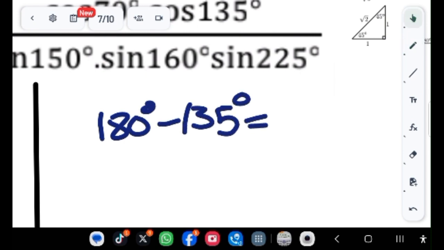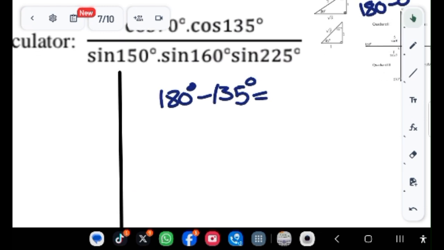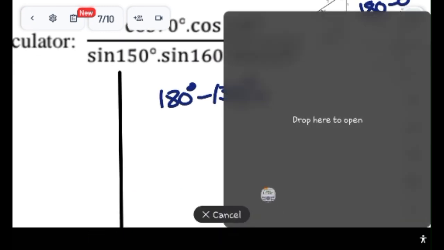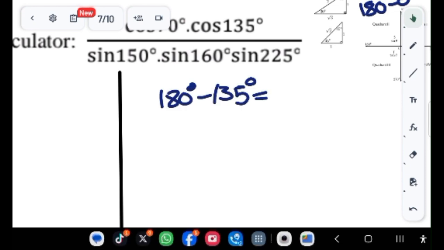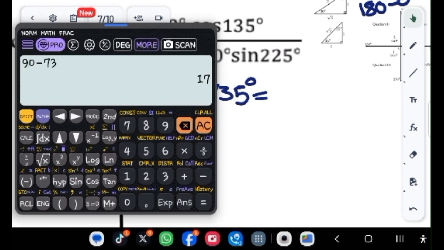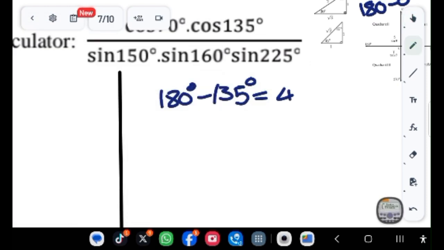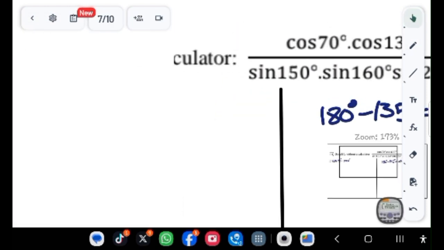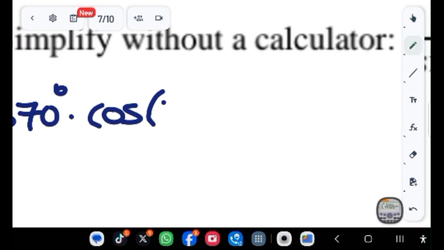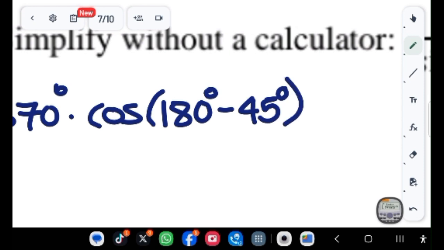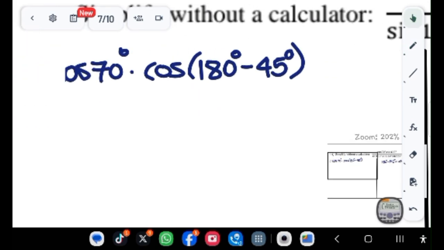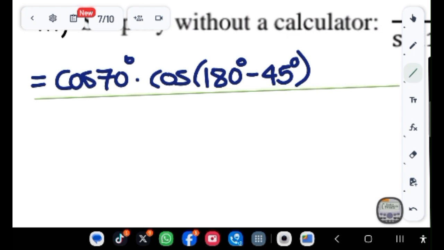To find that, you just go 180 minus 135. It's up to you how you prefer to do that. You can work this out in many different ways, whatever system works for you. 180 minus 135 equals 45 degrees. So the acute angle that was subtracted here was 45 degrees. So we write cos of 135 as cos of 180 degrees minus 45 degrees. And that's a special angle. We can use a special triangle to calculate.